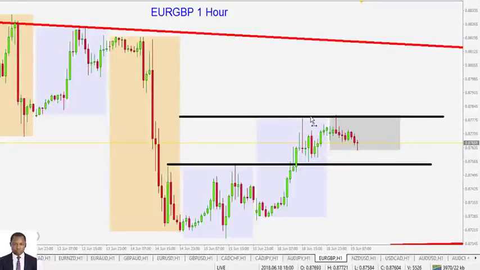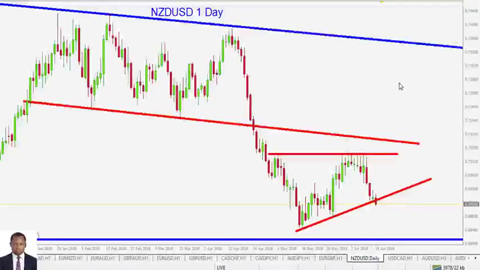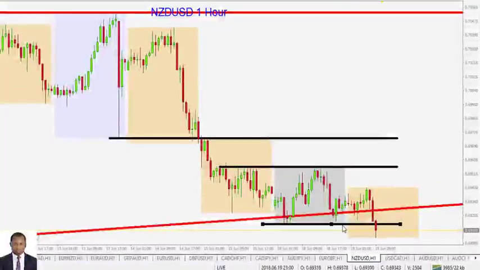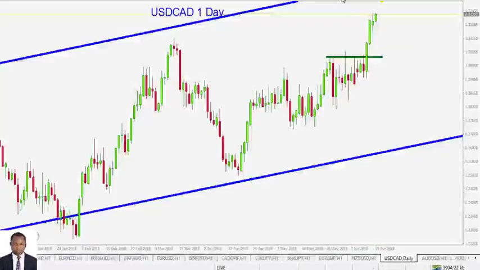Support there, resistance. New Zealand dollar against the American dollar, trading around possible support zone. A very dirty type of price action. No valid setup here.